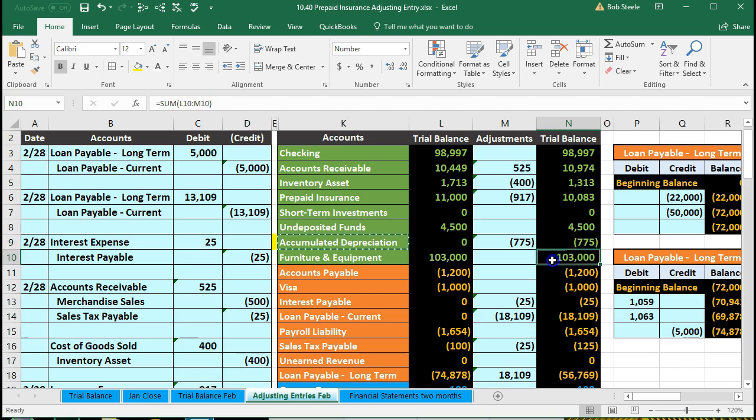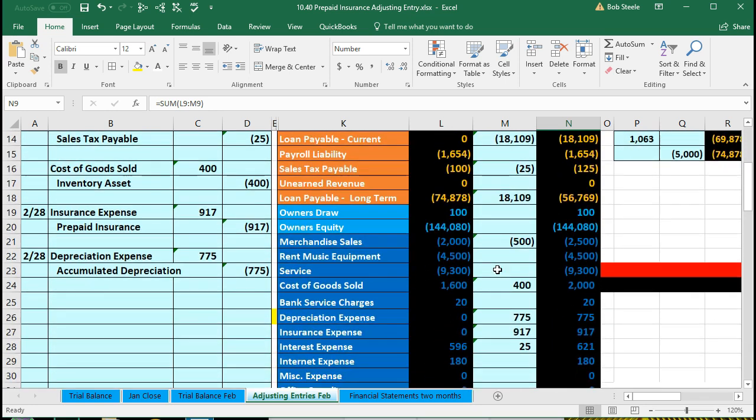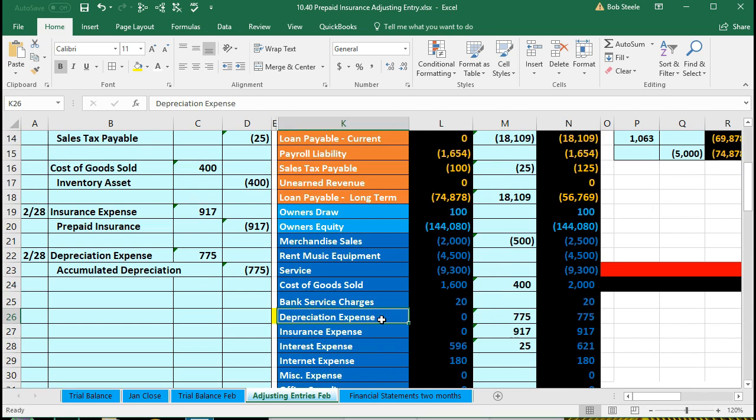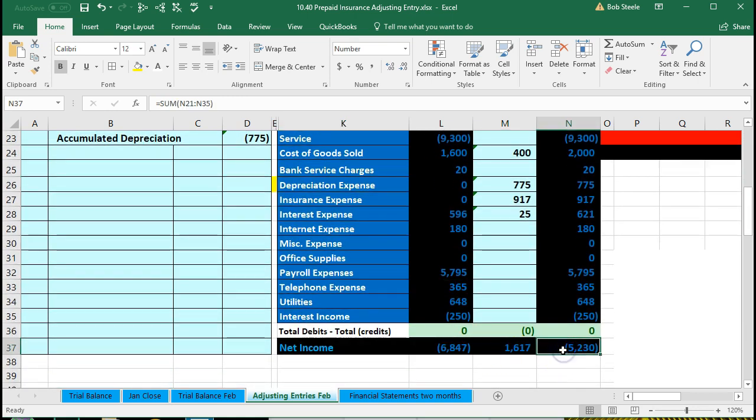And if you subtract those two out, the 103,000 minus the 775, that gives us 102,225. That then is the book value, the estimated value that we believe this is worth. Note that this is our first contra asset account, so it's an asset account with a credit balance, which is contra to the norm of all the asset accounts that have normal debit balances. And then, of course, the expense, depreciation expense, related to the allocation of the cost of the equipment over the time period which we believe it will be used. And that, of course, will bring down the net income calculation.